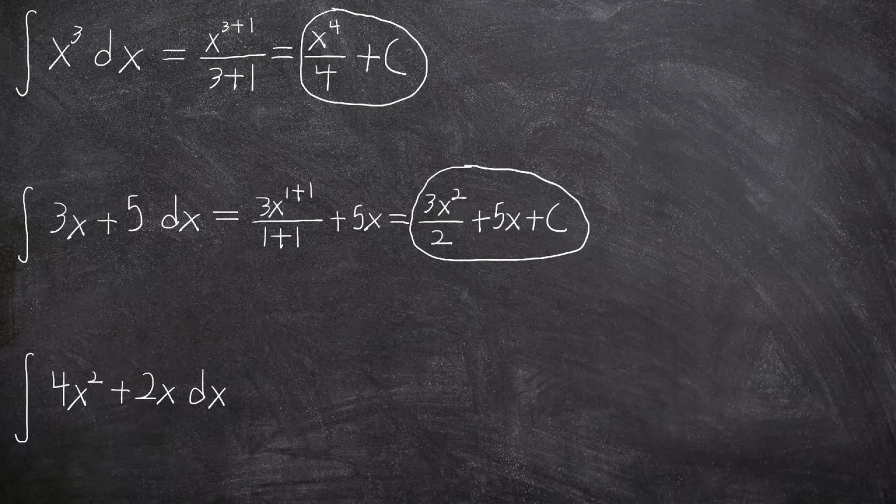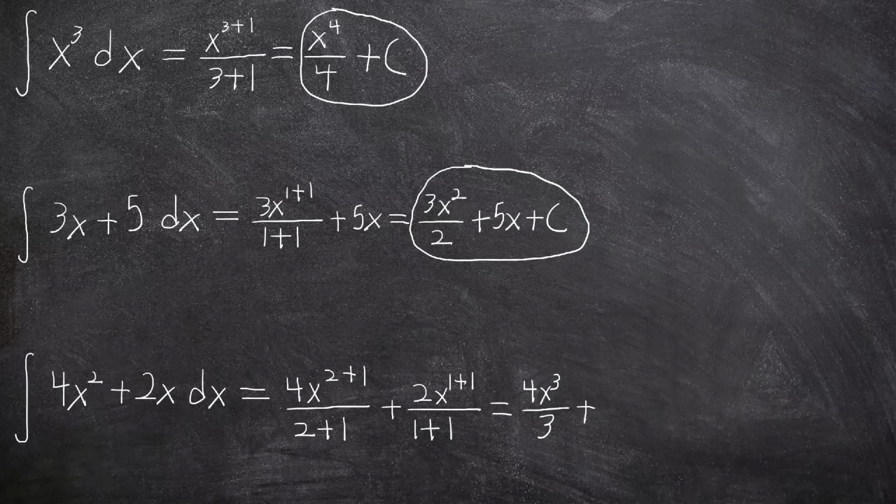Hopping into the last one, starting with the first term, we would write out 4x to the 2 plus 1 over 2 plus 1 plus 2x to the 1 plus 1 over 1 plus 1. Performing the math, we would get 4x to the third power, or 4x cubed, over 3 plus 2x squared over 2.